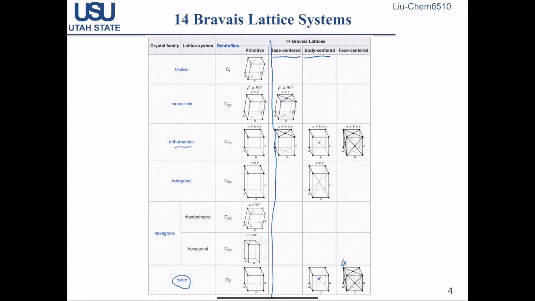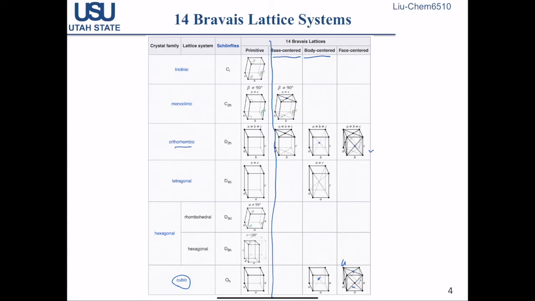And also we can have additional lattice points on each face of the unit cell. Then we can have an orthorhombic face-centered lattice here. And also for cubic, we can add the face lattice points here, and then we can have cubic face-centered, or face-centered cubic lattice structure, okay?